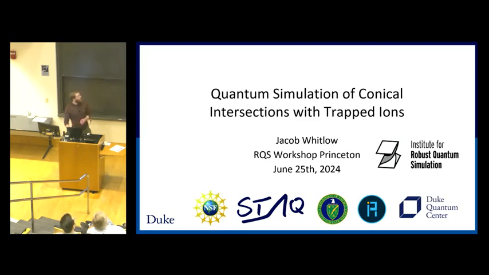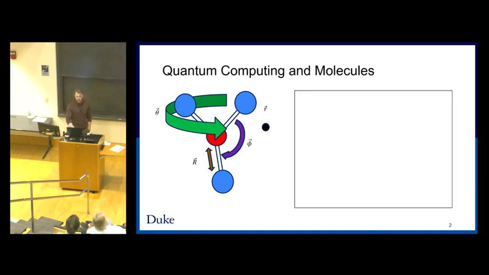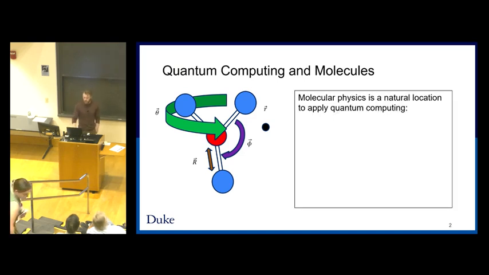So to that end, let's talk about the topic of simulating molecules with quantum computers, which is really a natural location to apply quantum computing for a number of reasons.